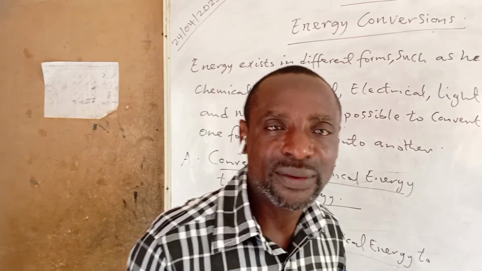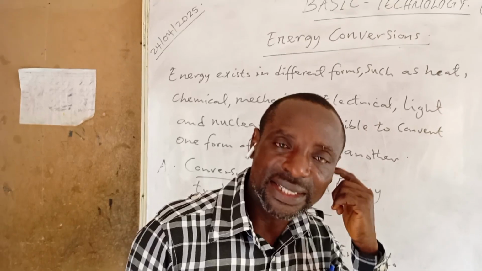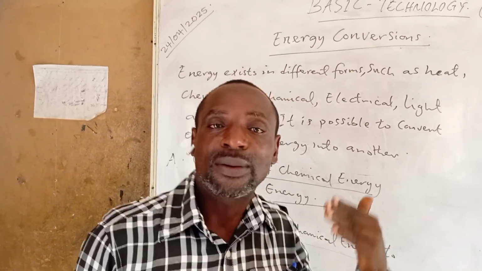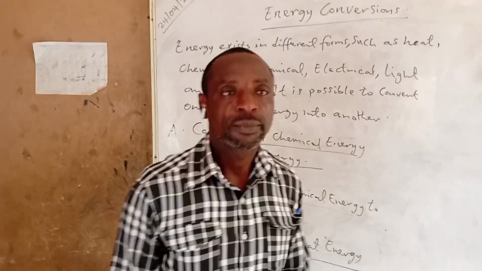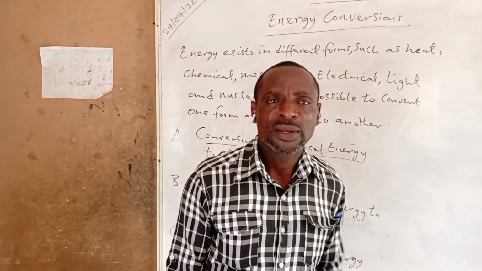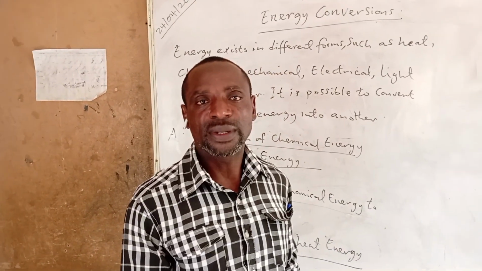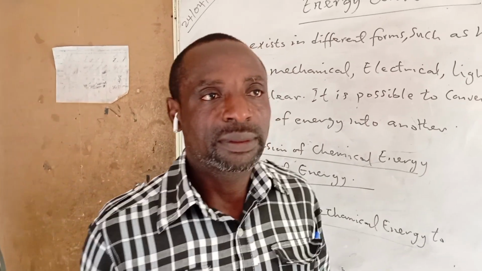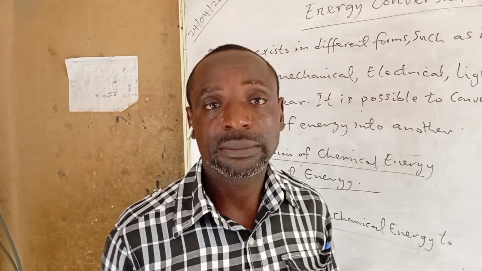And there are diverse ways by which energy can be converted from one form to the other. Solar is being converted to light energy. This example of solar being converted to light energy is very common now.